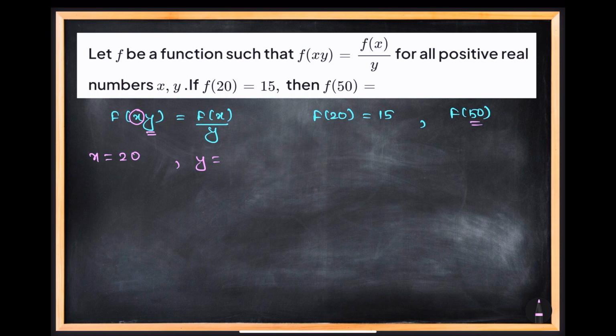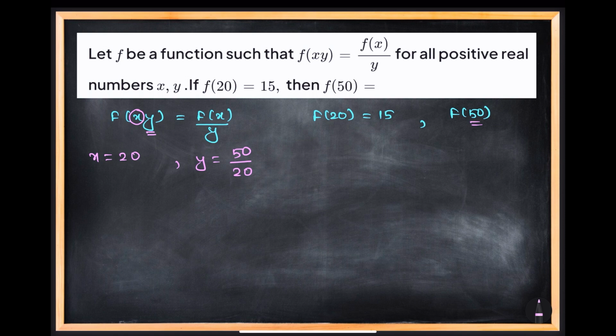It means you have to eradicate that 20, it should divide 20 completely, and you should be left with 50. So don't you think we should go with y as 50 by 20? That 20 and x will be neutralized and we will be left with 50, and things are done.